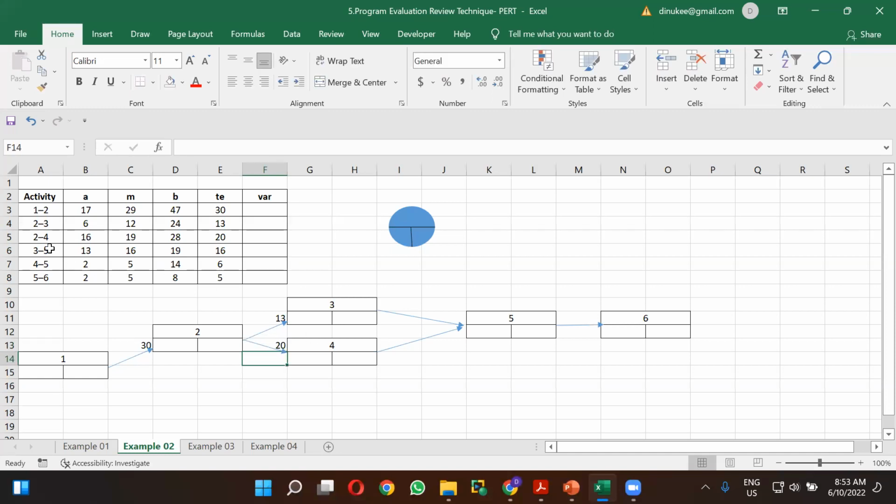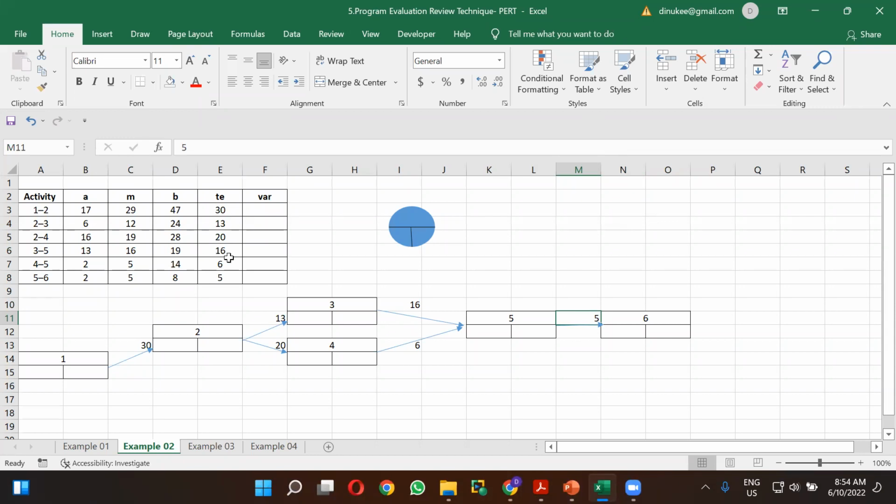For the 3 to 5 activity, it will take 16 days, and the 4 to 5 activity will take 6 days. So it's better to put these numbers above the arrows, right? And for the 5 to 6 activity, it will take 5 days. So did you all finish that?